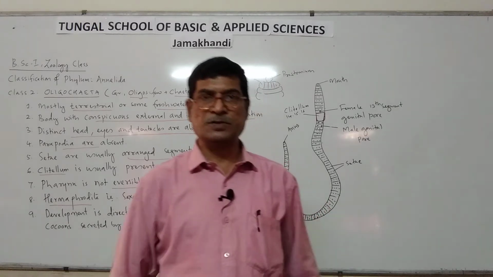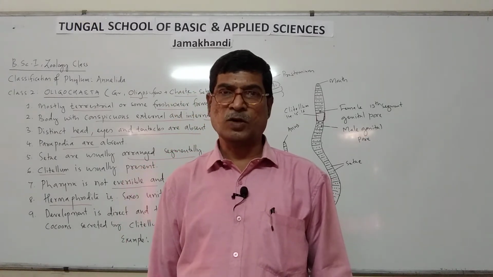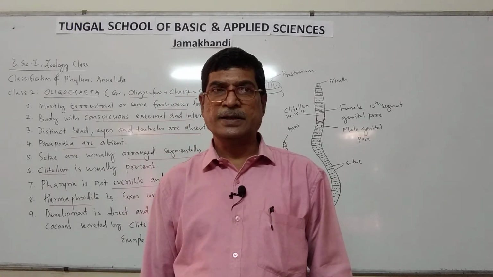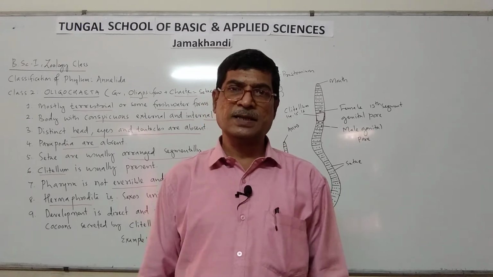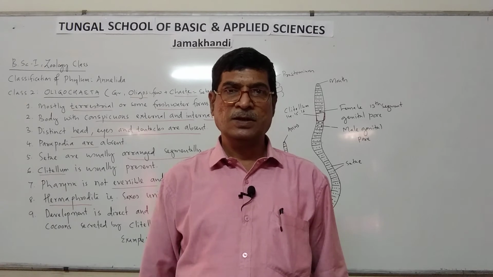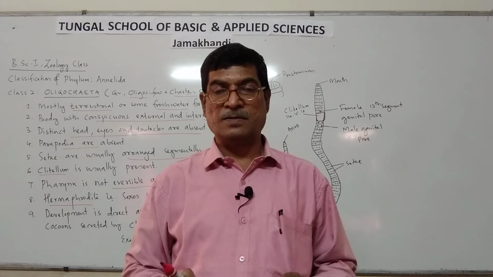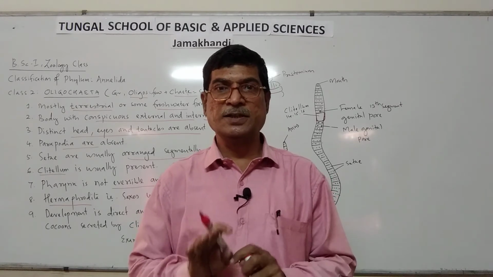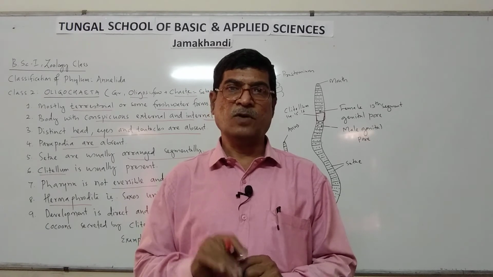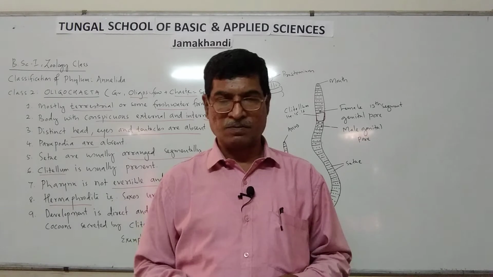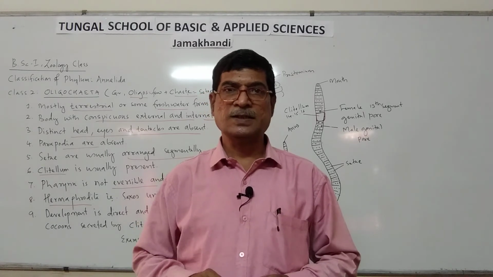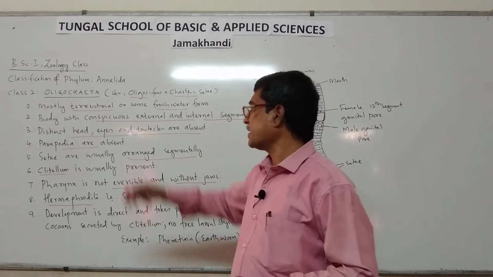No larval stage. And though both male and female reproductive organs are present in the same individual, self-fertilization doesn't occur. Cross-fertilization is the rule here. For fertilization, it has to depend on another one. So this is how the general characters are.